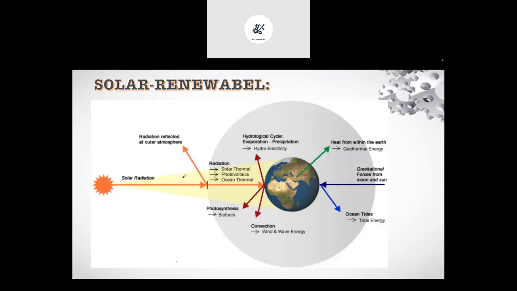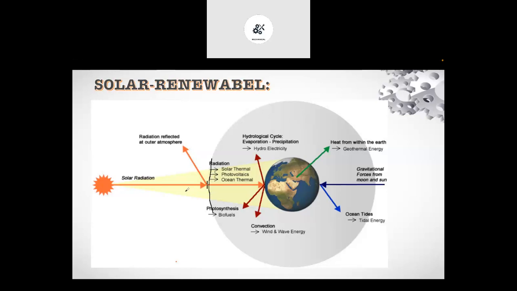So again, the radiation coming from the sun reaches the earth surface. Before that, it reaches the earth atmosphere, as we know earth has an atmosphere. Now when this solar radiation is incident on the outer surface of the atmosphere, some part of that radiation will be reflected back, because some gases are reflective in nature.